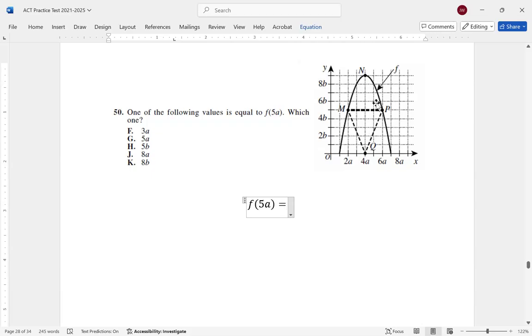If I plug that in, it looks like I would be on the function at this point up here. Looks like we're at the point 5a, comma 8b. So when I plug in 5a, I'm going to get out an 8b, and that's my final answer. So the answer to question 50 is K, 8b.